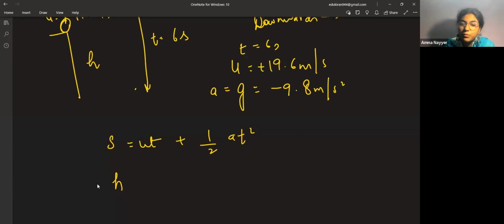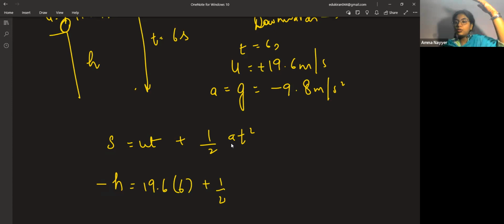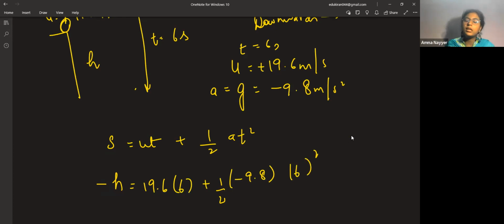Instead of writing h, this will be -h, because displacement is downwards. Initial velocity is 19.6. Time is 6, plus half. Acceleration due to gravity is downwards. So again, we have chosen downwards as negative, -9.8. Time is 6 square. Whatever will be your answer, that is the height of tower.